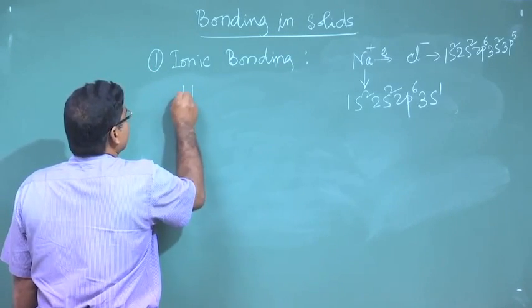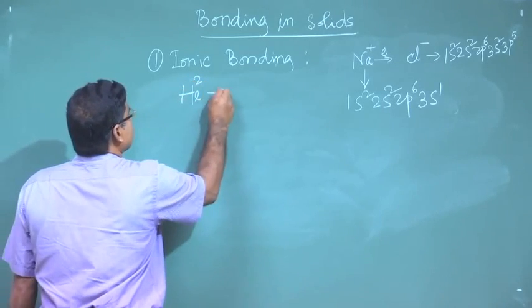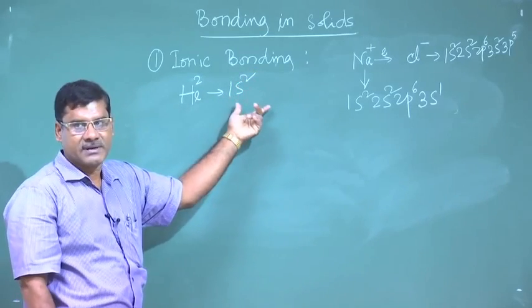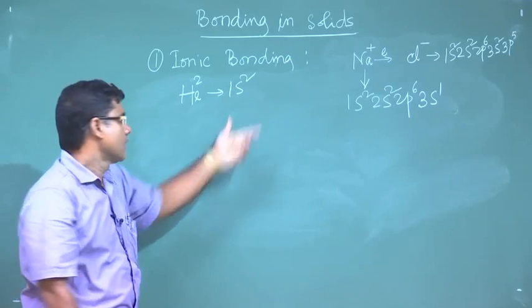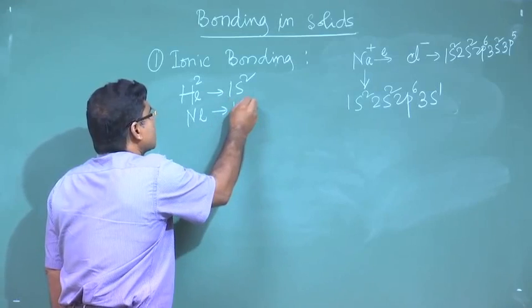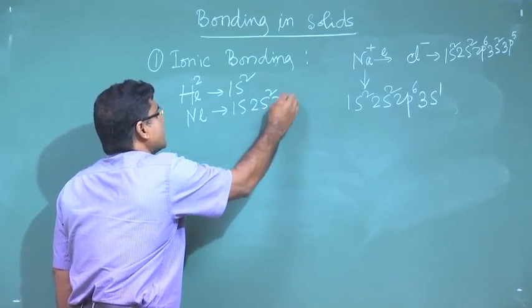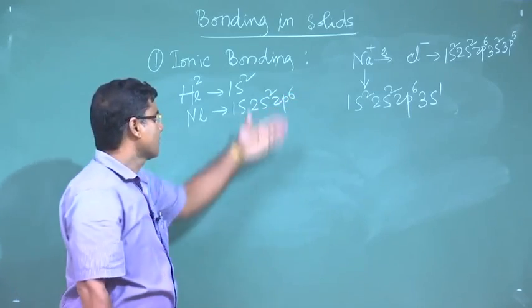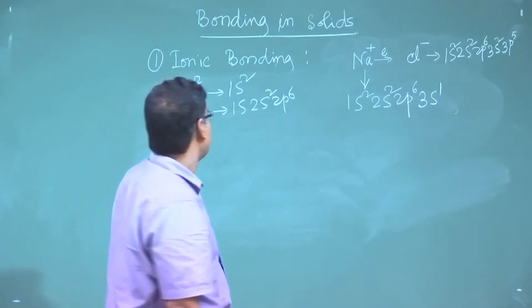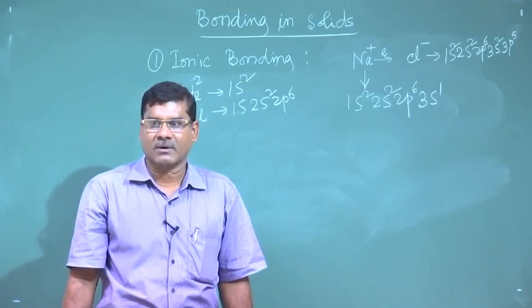Helium has 2 electrons, so 1s2, its shell is filled. Similarly, neon has 10 electrons: 1s2, then 2s2, 2p6. So the outer shell is filled.